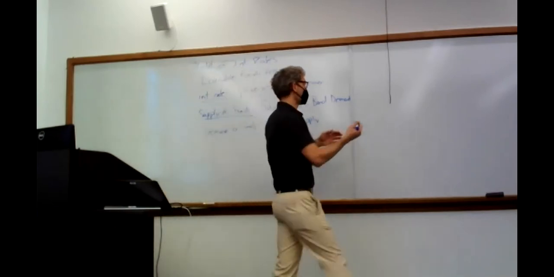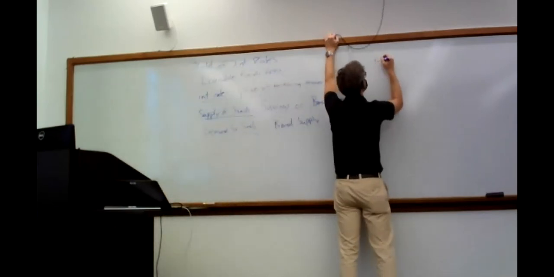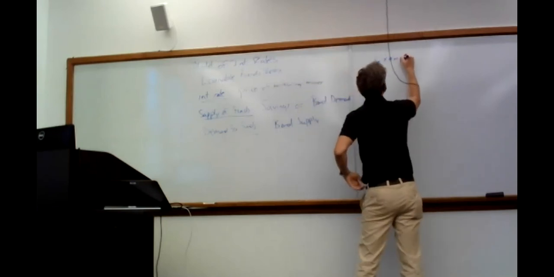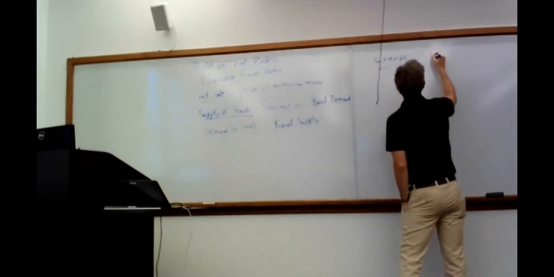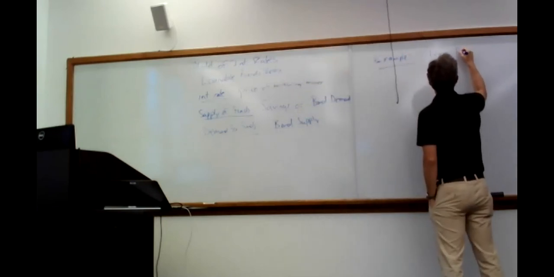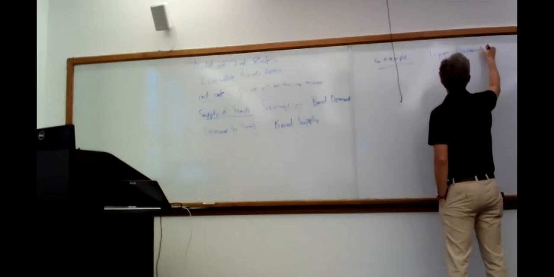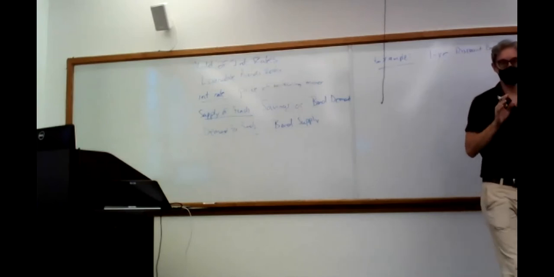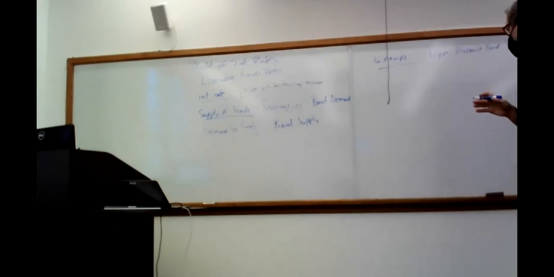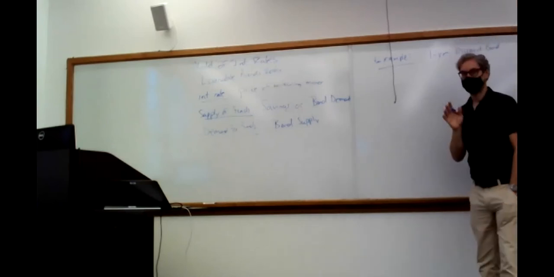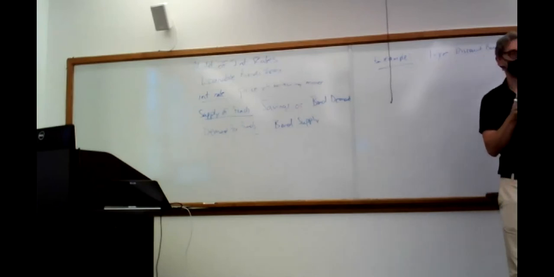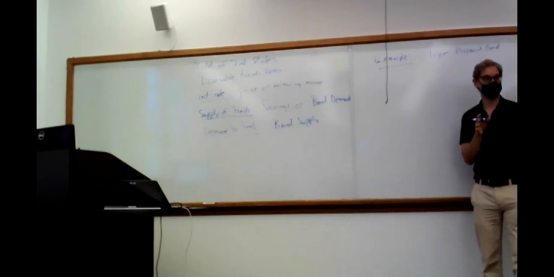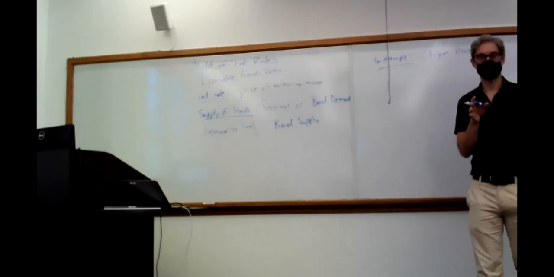So let's think about a simple example here. Okay, so let's just talk about a 1-year discount bond. What's the yield to maturity equation for a 1-year discount bond? How do we calculate yield to maturity again?